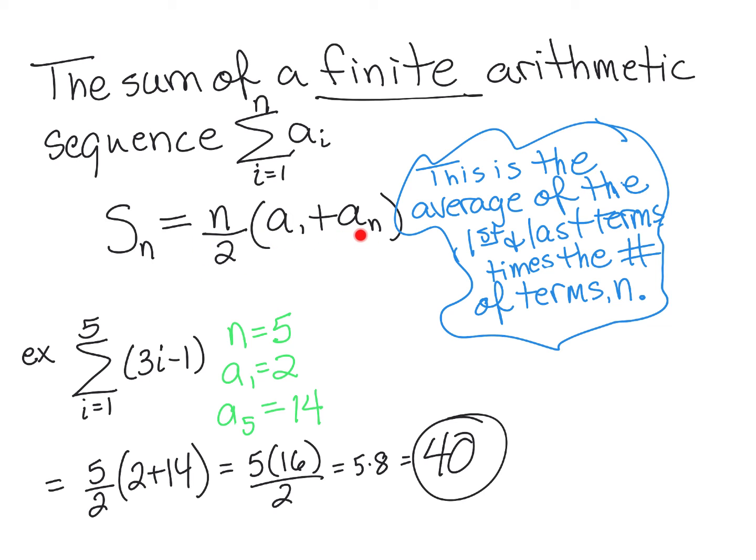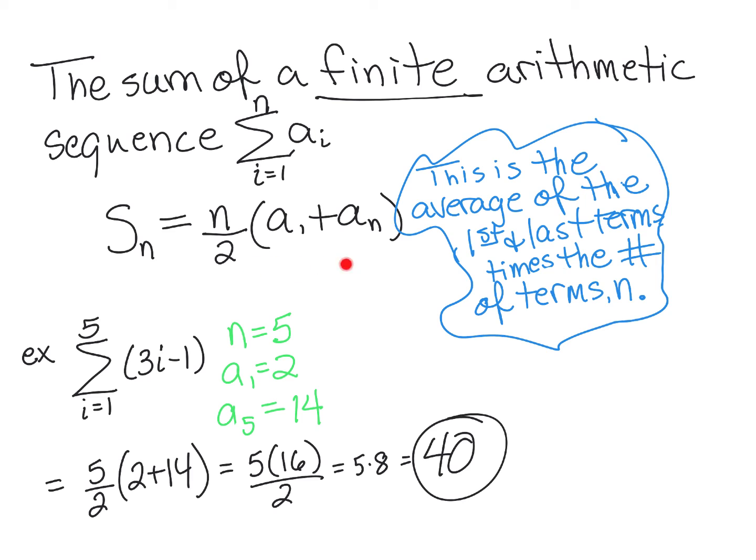If I add the first and the last and divide by 2, I've averaged the first and the last, and I'm going to multiply this by the number of numbers in my series, right? I'm starting at 1, I'm ending at n. That means I have n numbers in my series. And the first plus the last divided by 2 is just the average, okay?